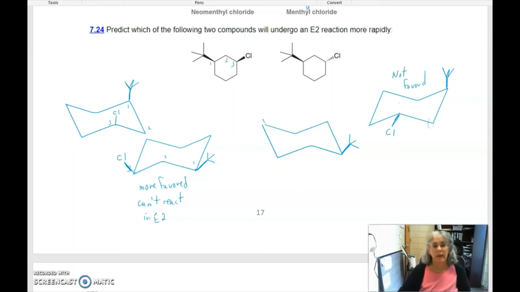And so we need to skip this one. This one needs to be down. And at this position, that will be an axial position. And that puts this chloride in the correct position for an E2 reaction. And this is also a favored position. And so this one will react more quickly.